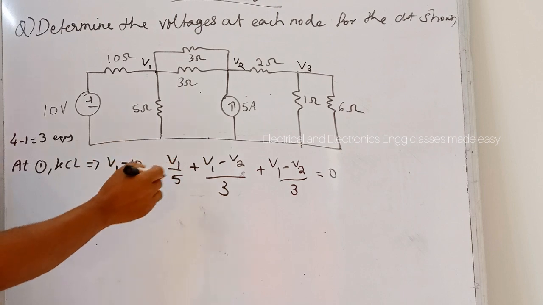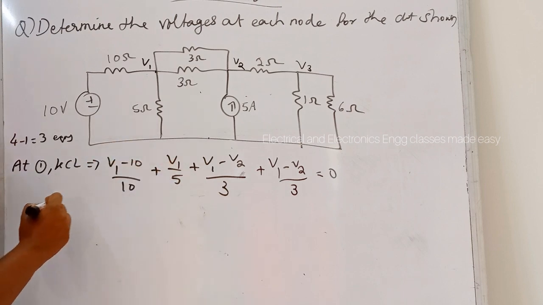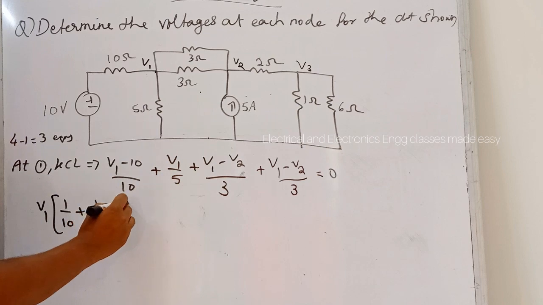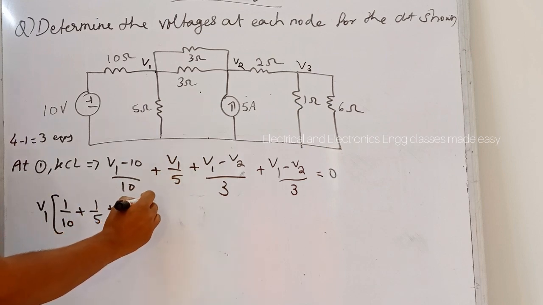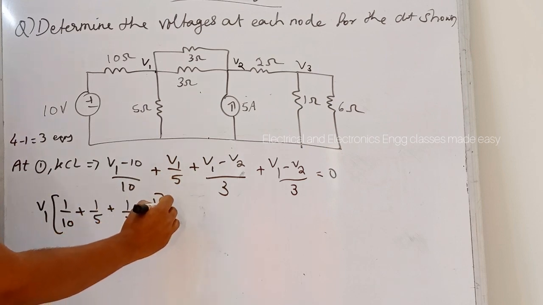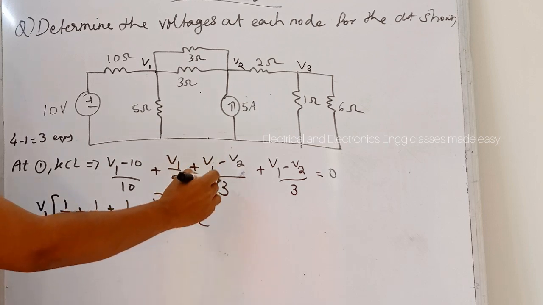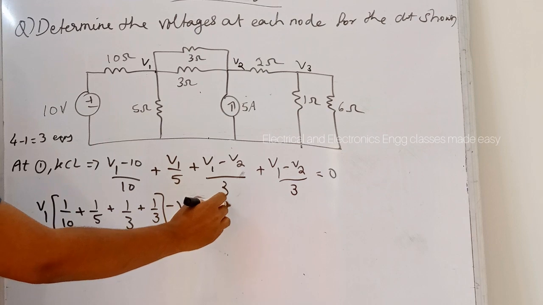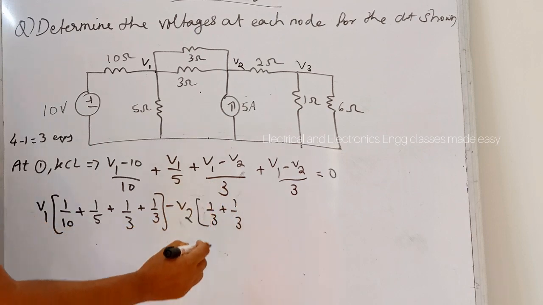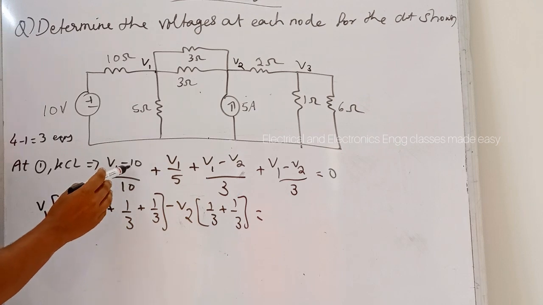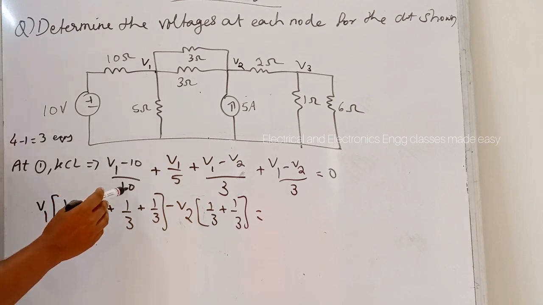Now we can rearrange, that is V1 into 1 by 10 plus 1 by 5 plus 1 by 3 plus again 1 by 3, then minus V2 into 1 by 3 plus 1 by 3, equal to minus 10 by 10, that is minus 1.